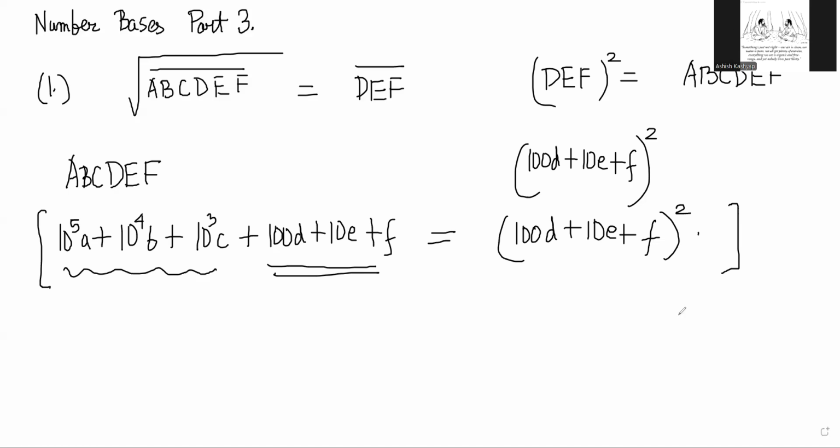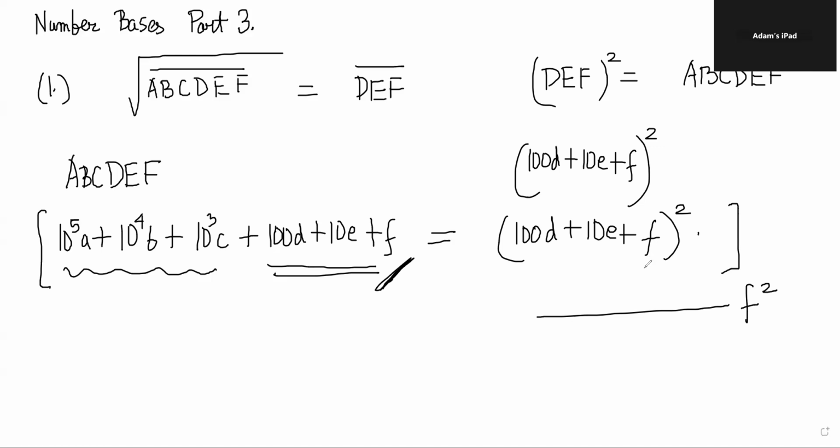Because when you expand the square, the only part that will have a units place is F squared, and every other term will have 10 times something, so it will not be in the units place.